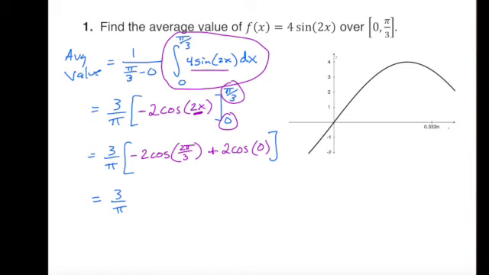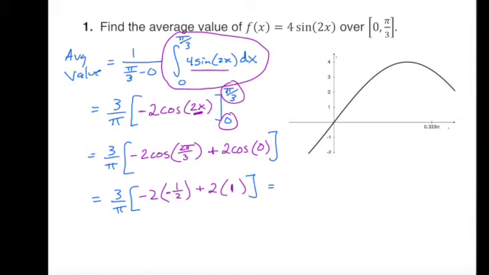So this is 3 over pi, and on the inside here, cosine of 2 pi over 3, that's going to be 1/2, but 2 pi over 3 is in quadrant 2, where cosine is negative, so that's going to be negative 1/2, plus 2 times the cosine of 0. Hopefully you're thinking of that position on the unit circle where the x coordinate is 1, so the cosine is 1.